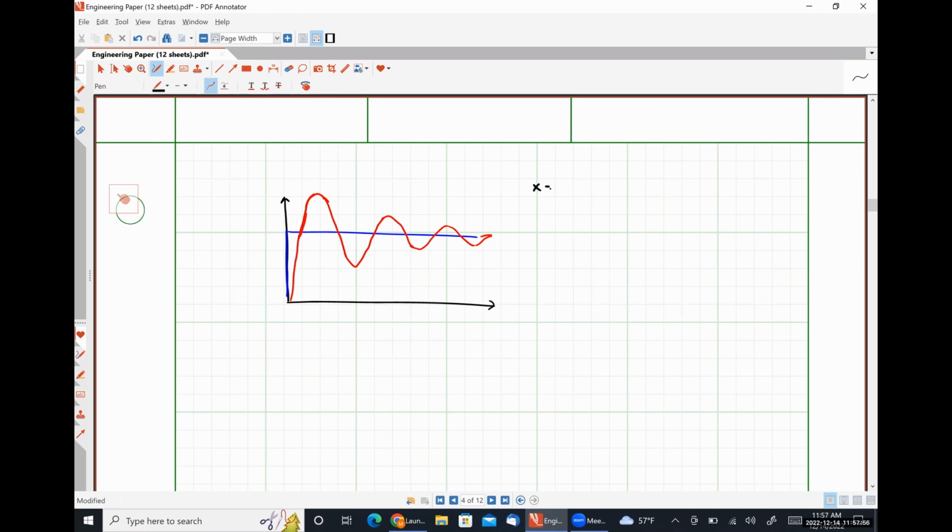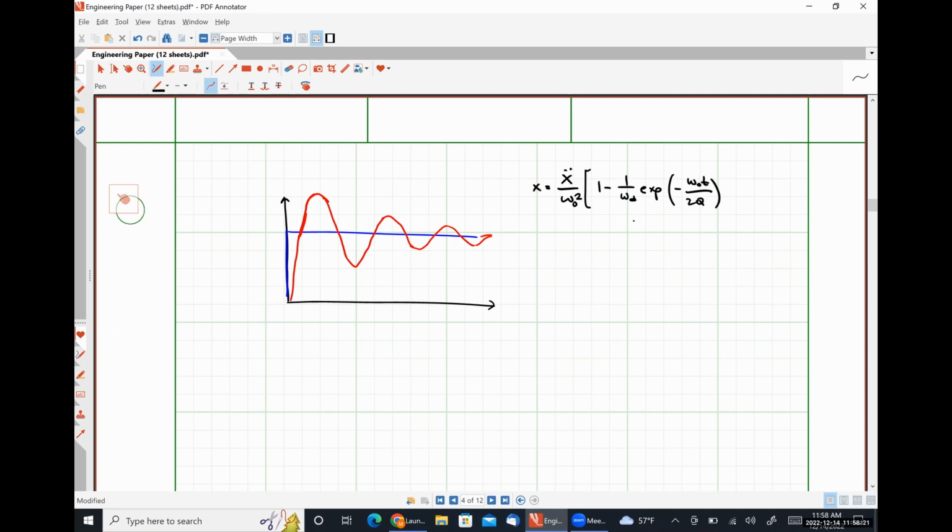Our displacement X will once again be of the form acceleration divided by omega naught squared. Now we're going to have 1 minus 1 over omega d times the exponential of negative omega naught t over 2q.